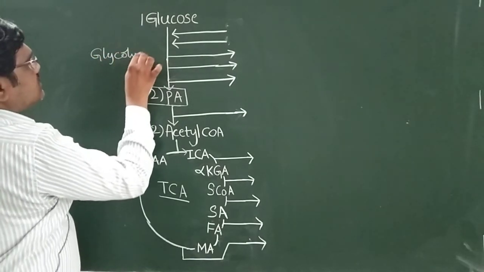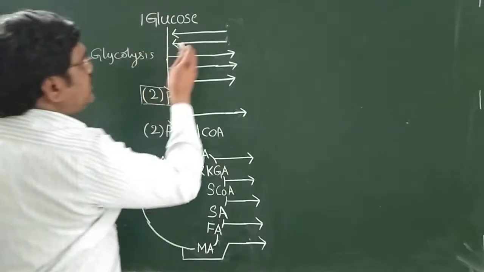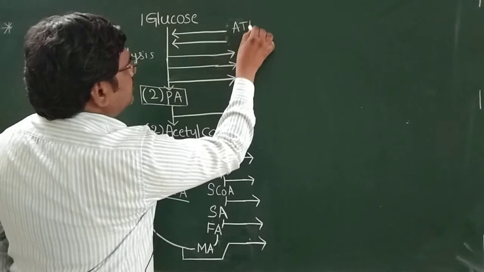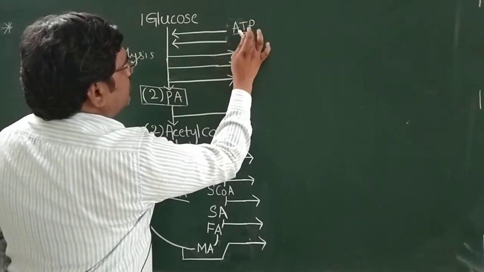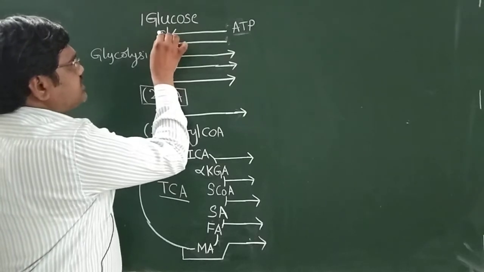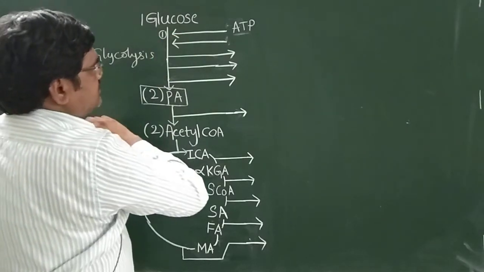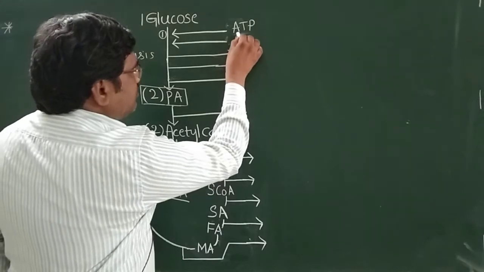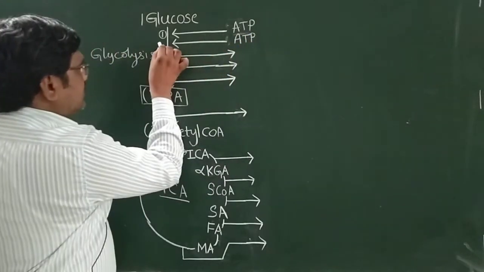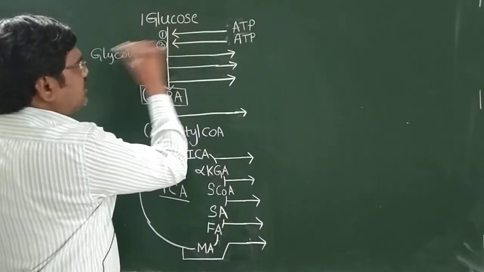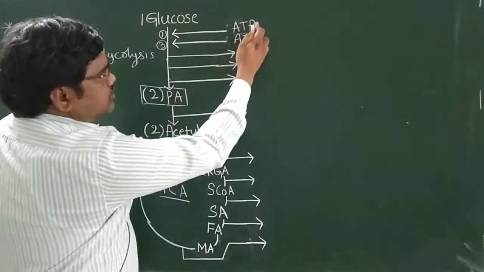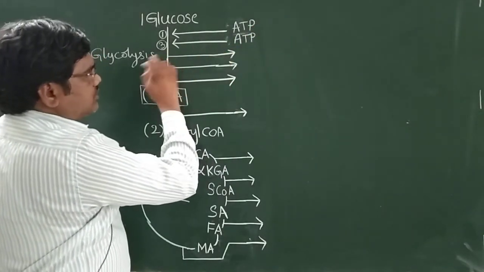During glycolysis, one ATP molecule is consumed at the first reaction. One more ATP is consumed at the third reaction of glycolysis. So totally two ATPs are consumed.